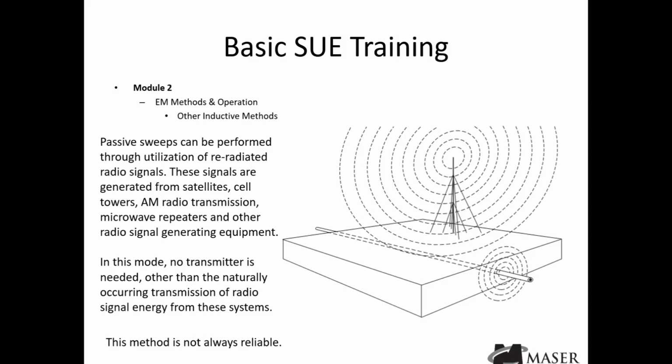Obviously they can't be seen, but conductive facilities in the ground can pick up and re-radiate those signals, and they can be traced with one of our pieces of equipment. Again, not always reliable, but it is a method to help us identify facilities in the ground.